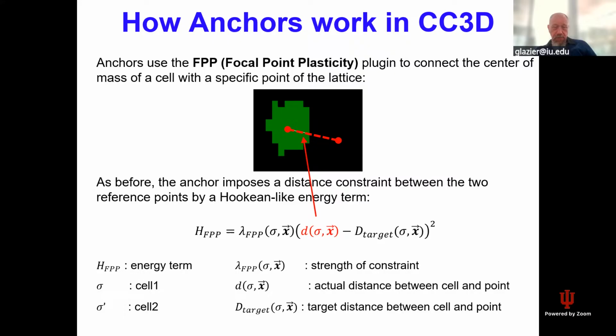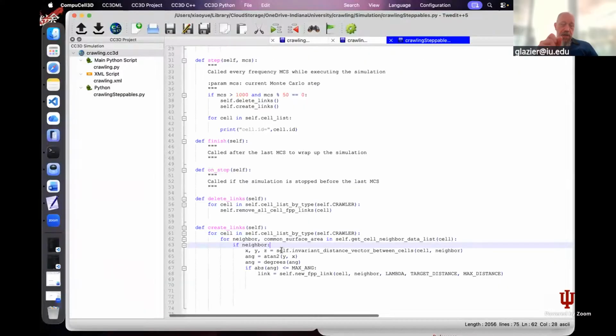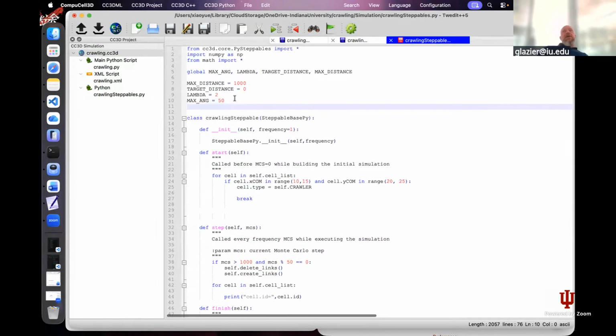I think the only modification that we need to do is here. You'll have to find the target position. That may be a little bit tricky in the sense that we have to decide where we want to anchor to. The easiest thing to do, it won't look very different, is we find the neighboring cell, find its center of mass position, and anchor to that position.